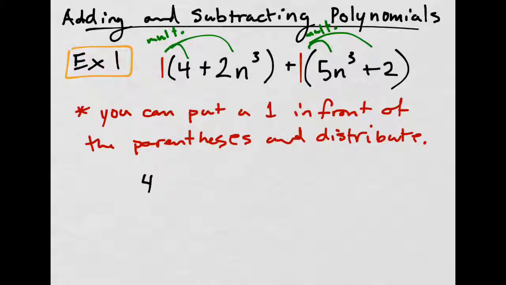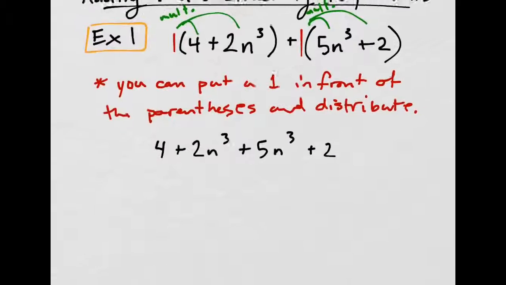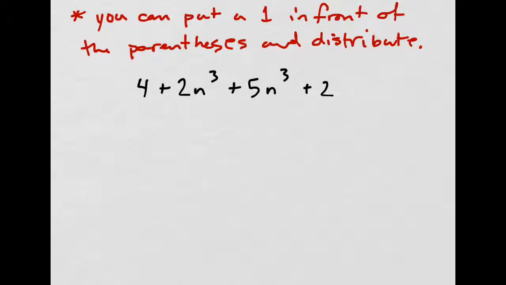We just have 4 plus 2n cubed plus 1 times 5 is 5n cubed. 1 times 2 is 2. So we're multiplying, nothing changes. Now we combine like terms. The like terms in this problem are, what are they? Well, we have the n cubed and the n cubed.